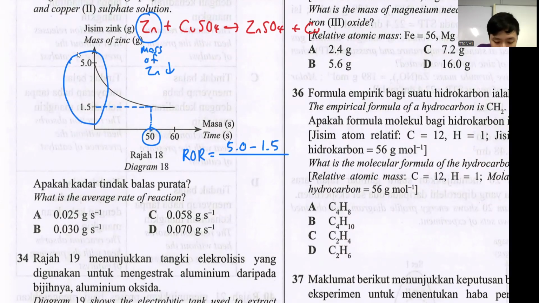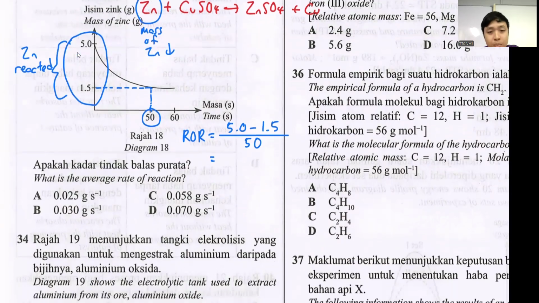This is the change for the mass of reactant, the zinc that has reacted, over the time, 50 seconds. So you get 0.070 gram per second. This is gram, this is second. So the answer is D.